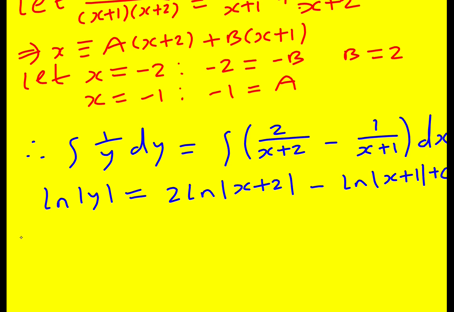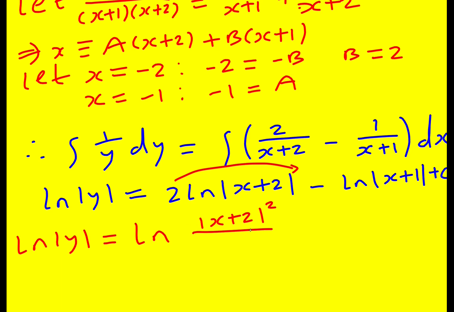We want to now make y the subject and hence remove the logs. So we've got ln y equals. What we can do is use the third rule of logs to make this ln x plus 2 all squared. And then because we are minusing a log, we can in fact divide by it. And we're going to get ln x plus 2 squared over x plus 1, all in modulus signs.